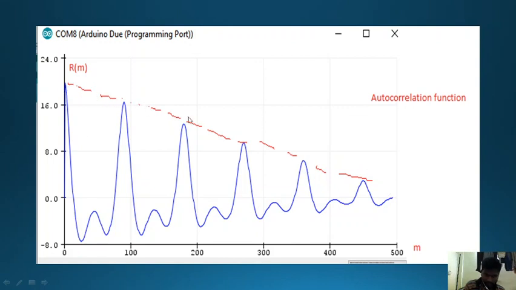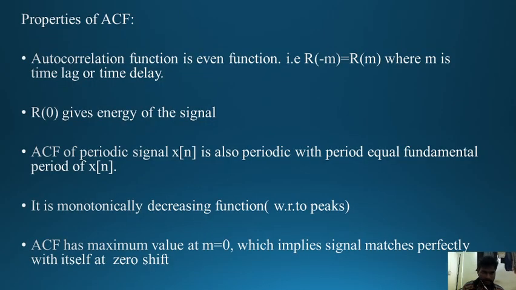That means we'll get a straight line if you join these maximum points, and it reveals the frequency characteristics of non-deterministic signals. It is helpful to find the frequency characteristics of non-deterministic signals.